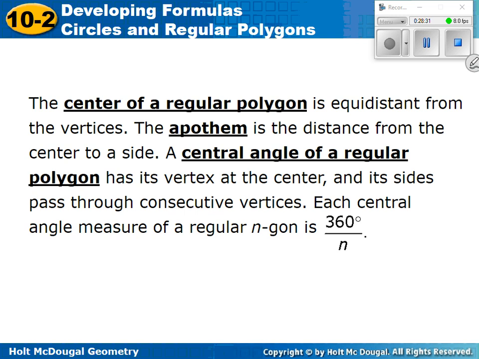A equals s squared, square root of 3 over 4. The only thing I have to know to find the area is the side length. What's the side length according to my picture? 4. Plug it in, we have 4 squared, square root of 3 over 4. What's 4 squared? 16.